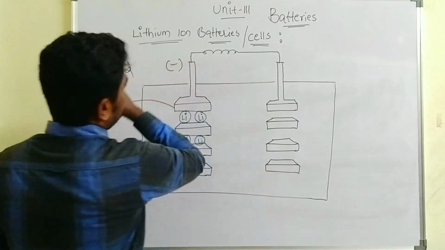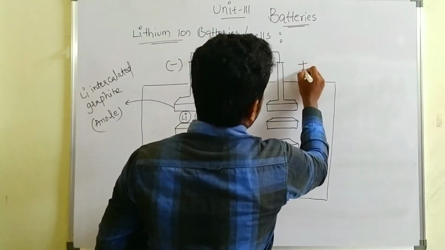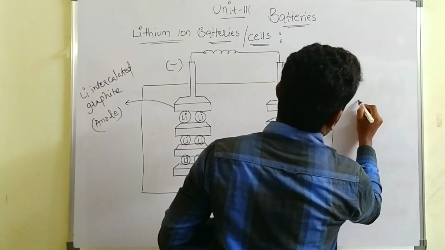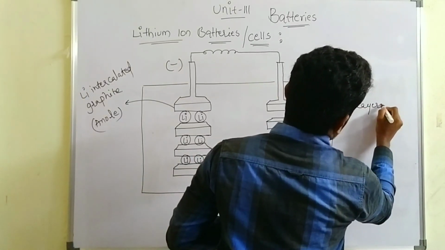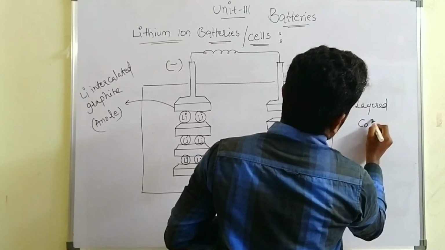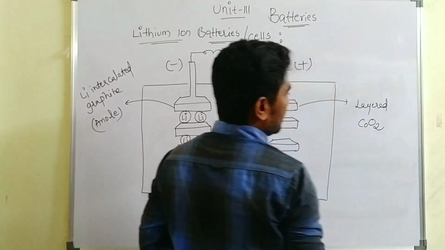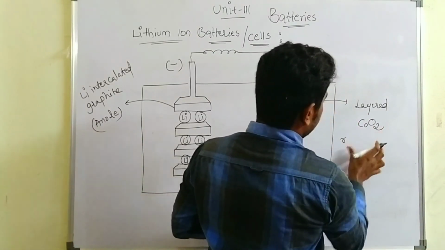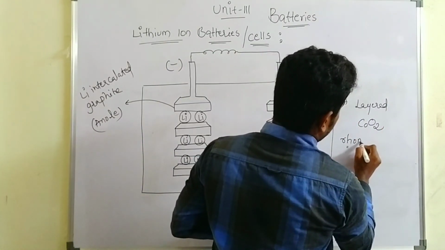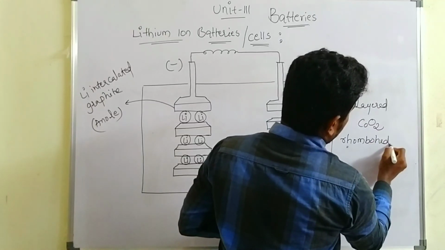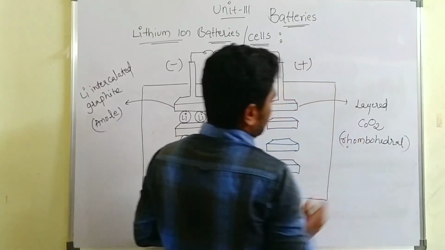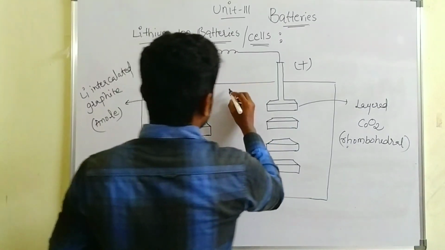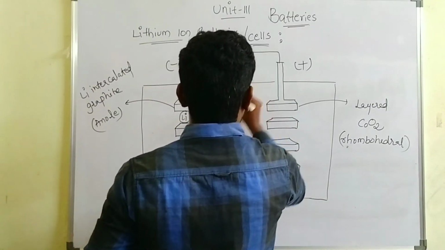It is the negative electrode, and on the other side is the positive electrode, a layered cobalt oxide, which has a rhombohedral shape. Here, in between the two electrodes, we have one separator.